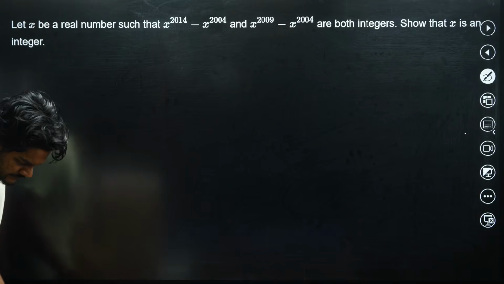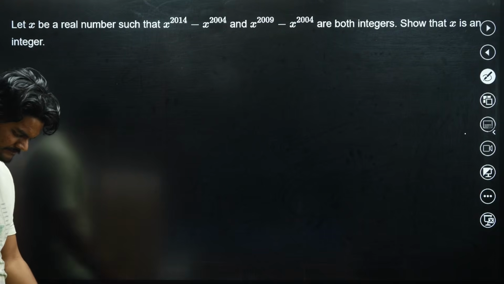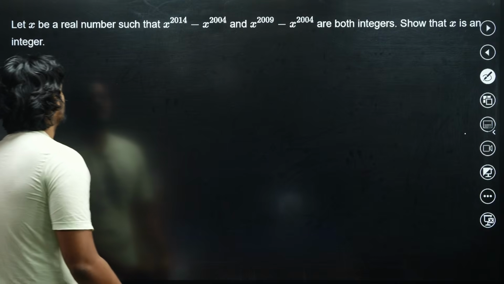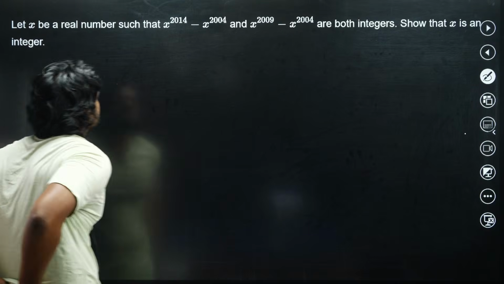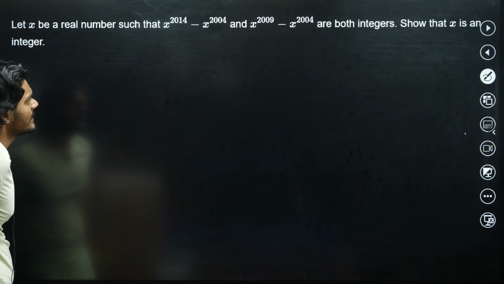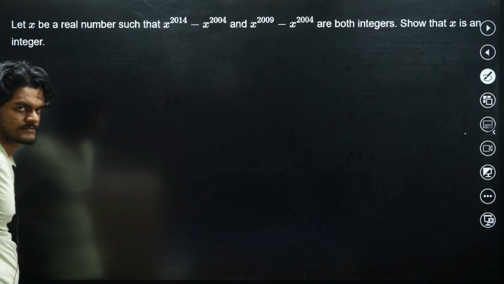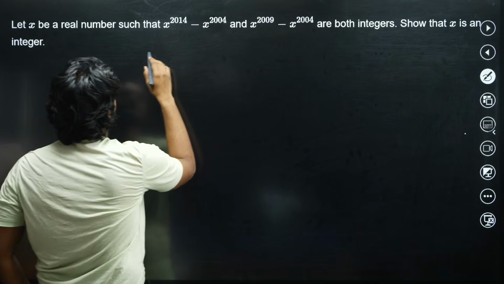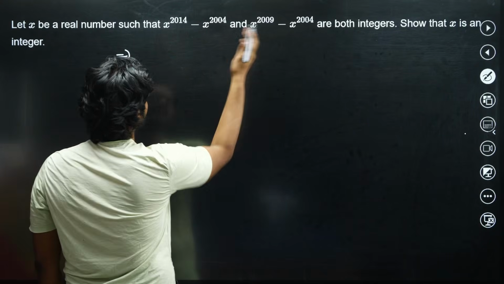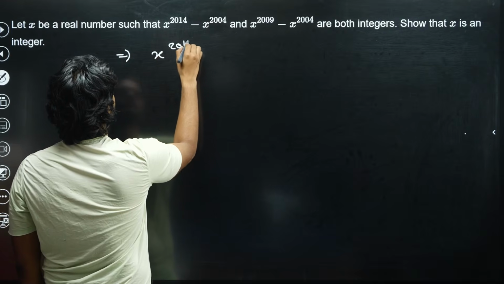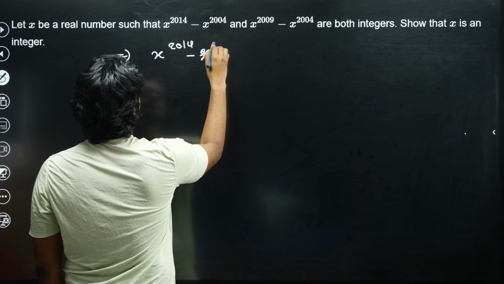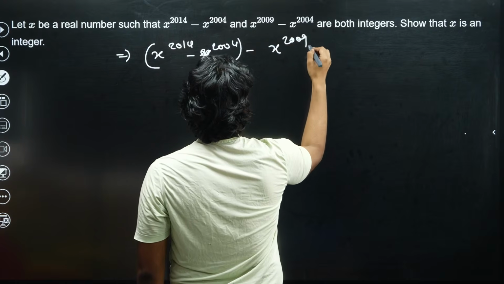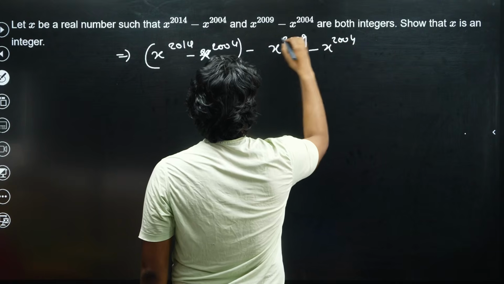Okay. So what does that give me? Please note that it is given that these two expressions are integers, right? This is an integer, this is an integer. That would mean if I subtract them, x power 2014 minus x power 2004 is also an integer.